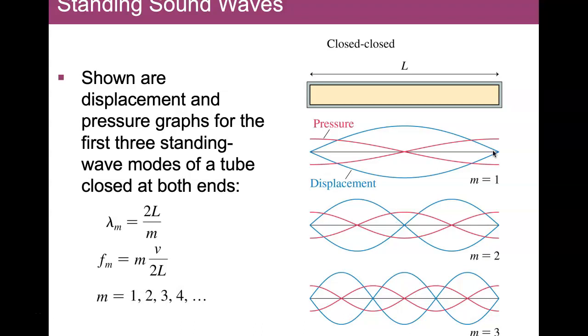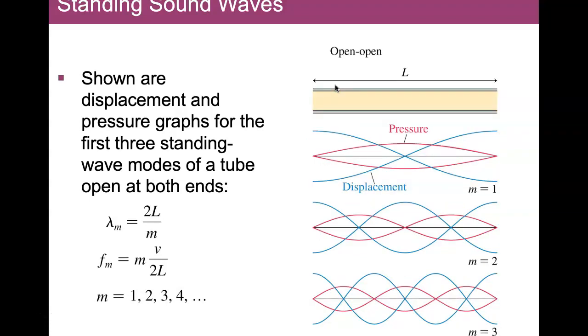Thinking about displacement, it's really like the displacement of a standing wave in a string with fixed boundary conditions. And the pressure in the closed case looks like the displacement for free boundary condition of a string, which we discussed before.